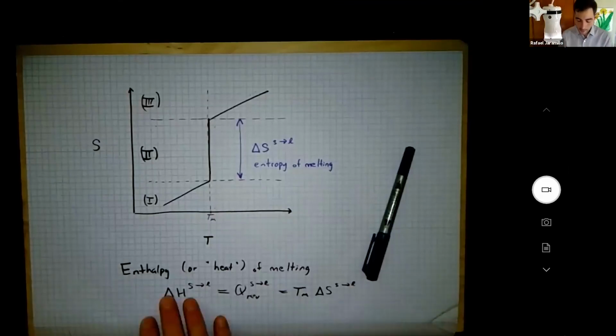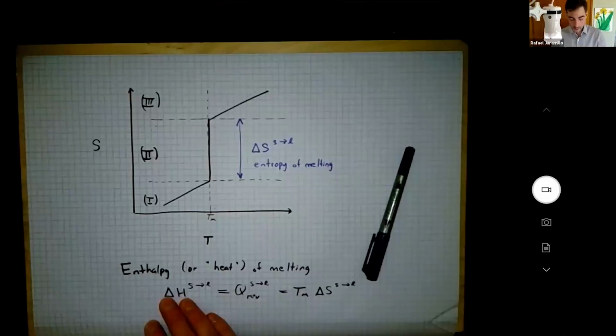So the enthalpy of melting is another thing which you'll find in the databases. Or maybe you'll find the melting point. You see that there's one equation here that relates enthalpy, melting point, and entropy.